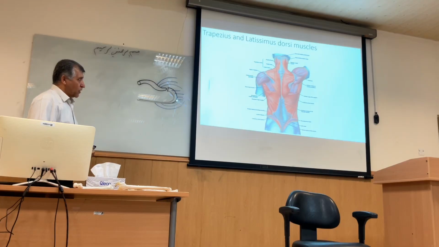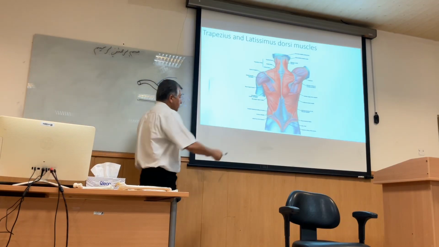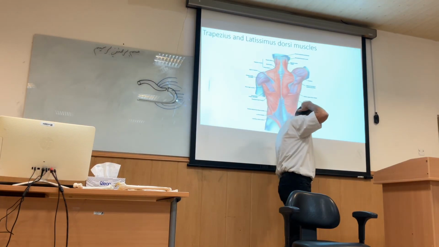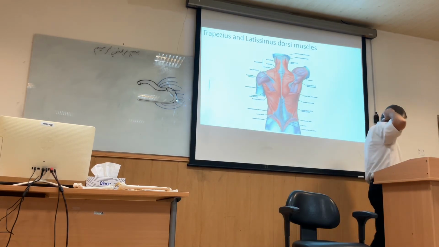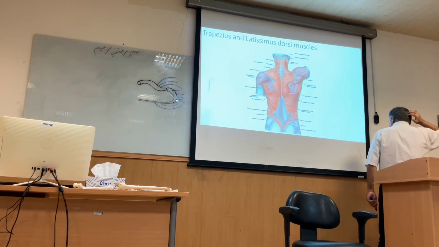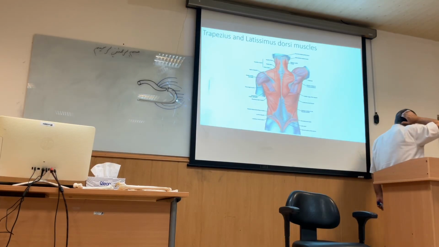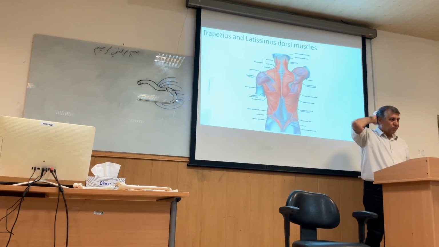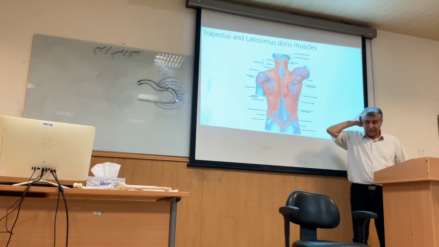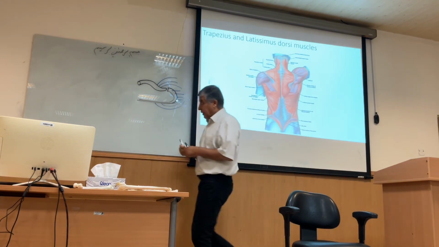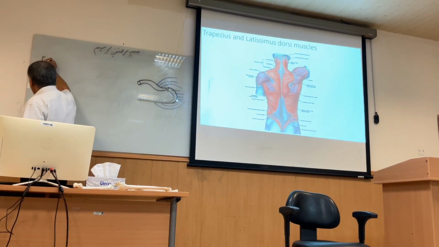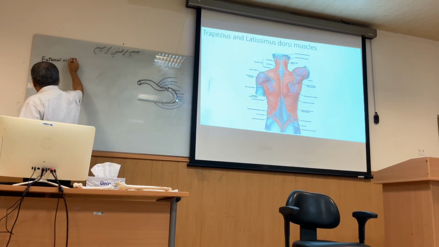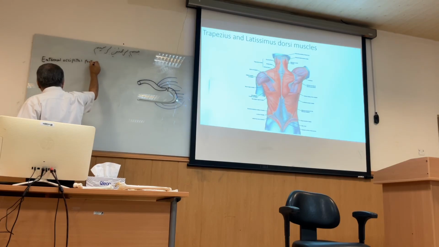The trapezius muscle originates from the head. Which part of the head? This prominence behind the head is called the external occipital protuberance.